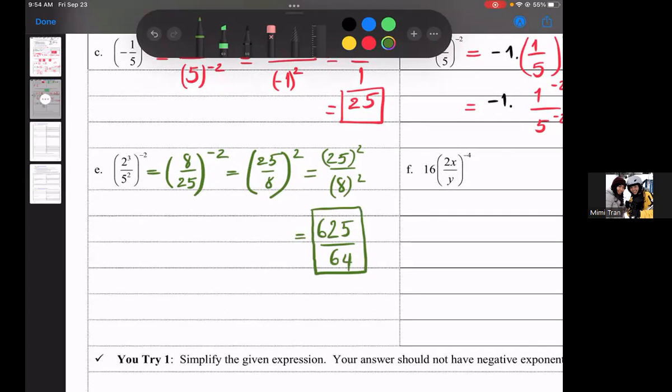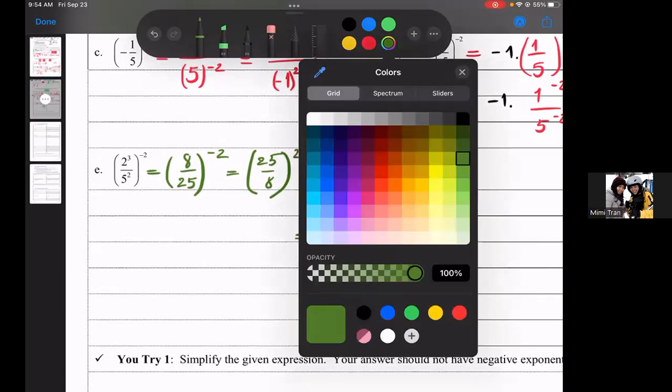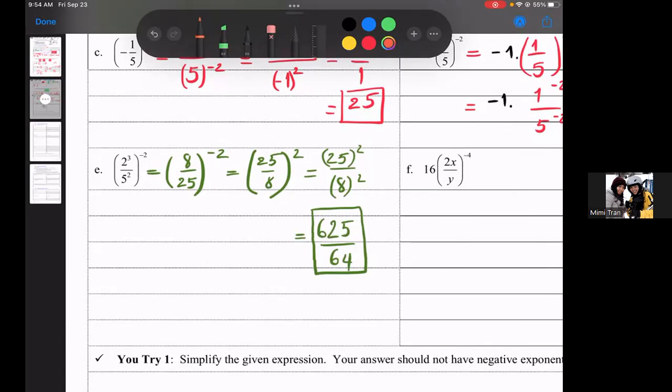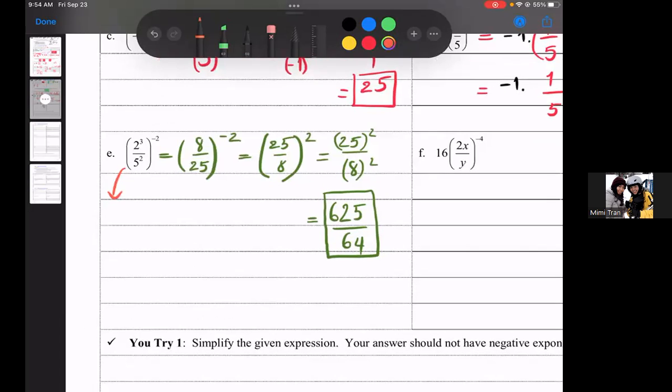Now, other students can do this, the orange or salmon method, whatever you want to call it. He or she distributes the -2 to the exponents. So it's going to be 2 to the -6 over 5 to the -4.